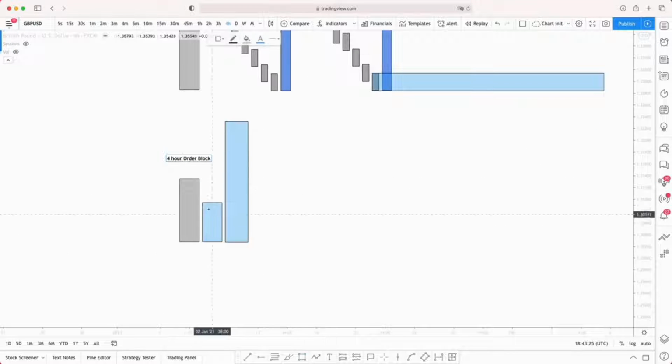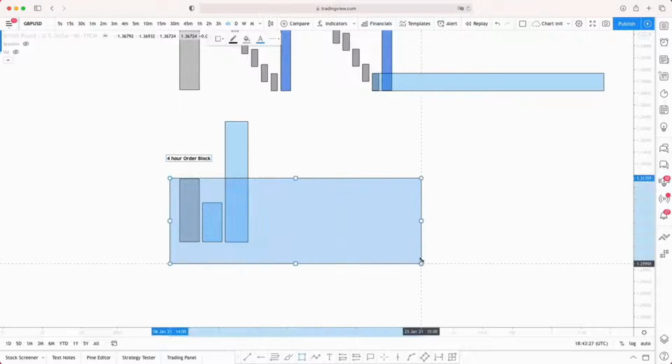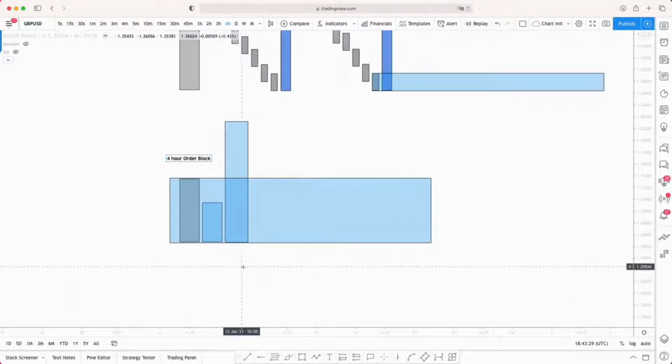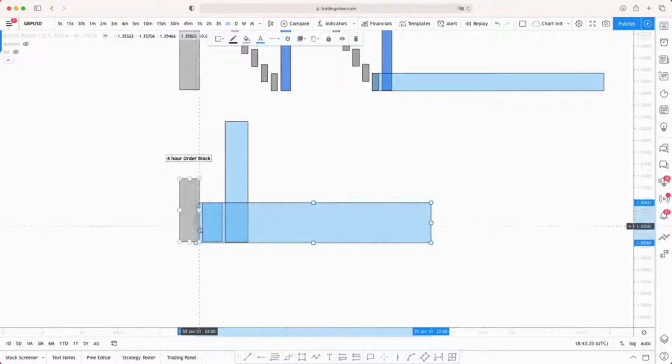Now we can mark this out. Without going to a lower time frame, we can simply find the range of the order block and refine it to the next candle if it's within the range of the order block, including the wicks. So we can refine the order block without having to go down to a lower time frame.